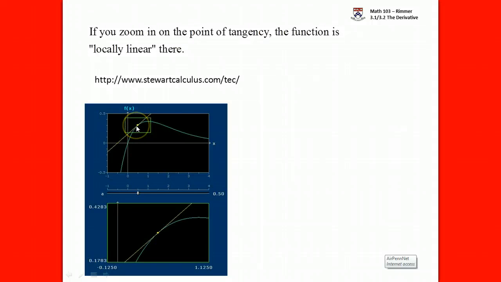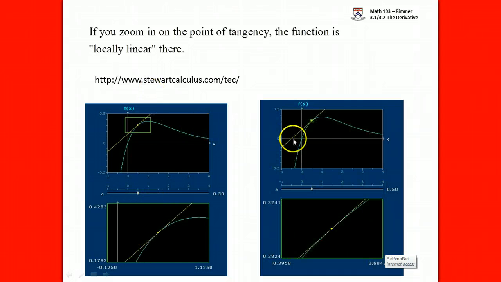I'm interested in the tangent line at a particular point, and then it'll zoom in. As I slide this slider, I can tell that as I zoom in, this is a higher resolution zoom.